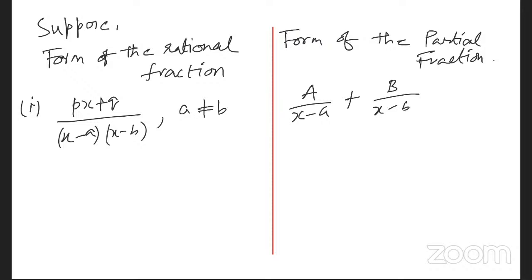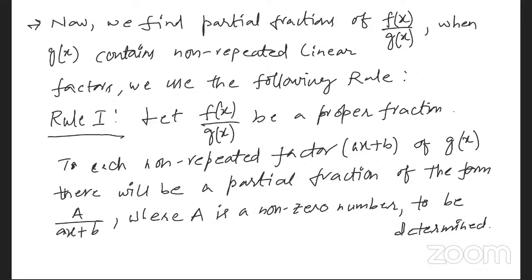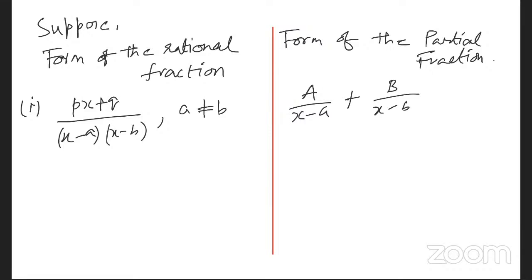Look at this one, rule 1. What is rule 1? Let f of x by g of x be a proper fraction; to each non-repeated linear factor ax plus b of g of x, there will be a partial fraction of the form A by ax plus b. So here, px plus q by x minus a into x minus b can be written in partial fractions as A by x minus a plus B by x minus b.